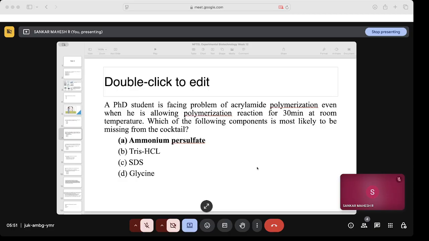Polymerization. It's okay. In ammonium persulfate, how does it act as the initiator? Do you have any idea? How does the polymerization take place?